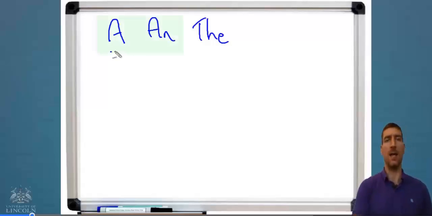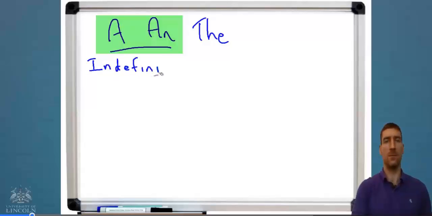A and an are what's known as indefinite articles. And by indefinite, what we mean is that either we don't know or we don't care whatever noun that they are representing.